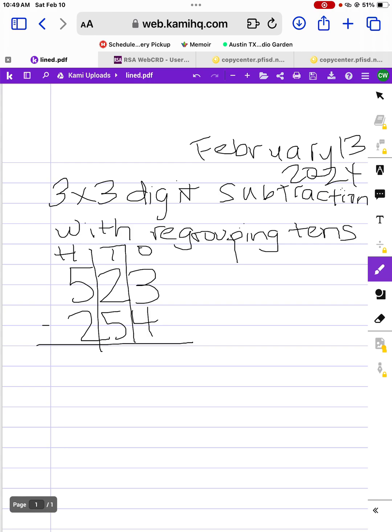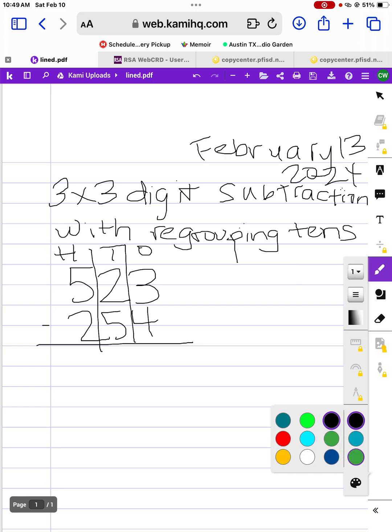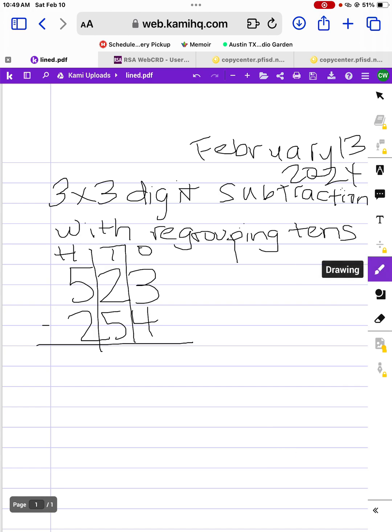Now, I'm looking here at this number and I see that I have more on the floor because it's bigger than my top number. So I need to go to its store and get 10 more. So I'm going to mark out the 2, sorry.